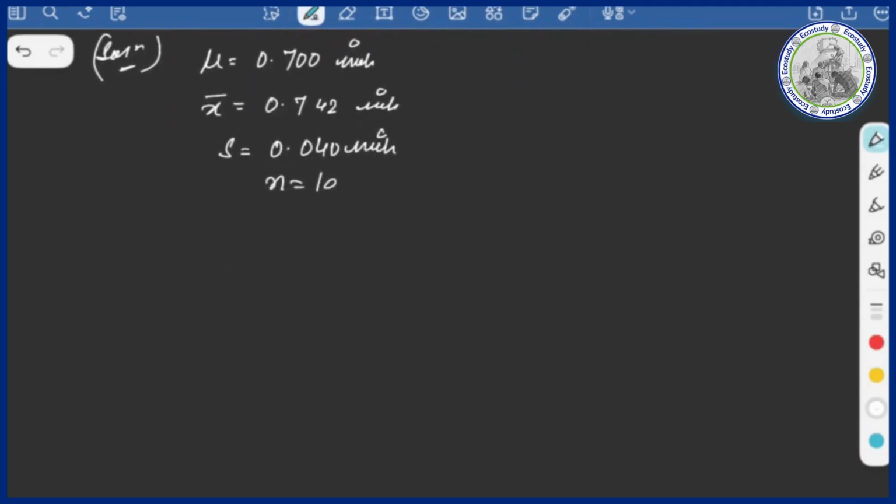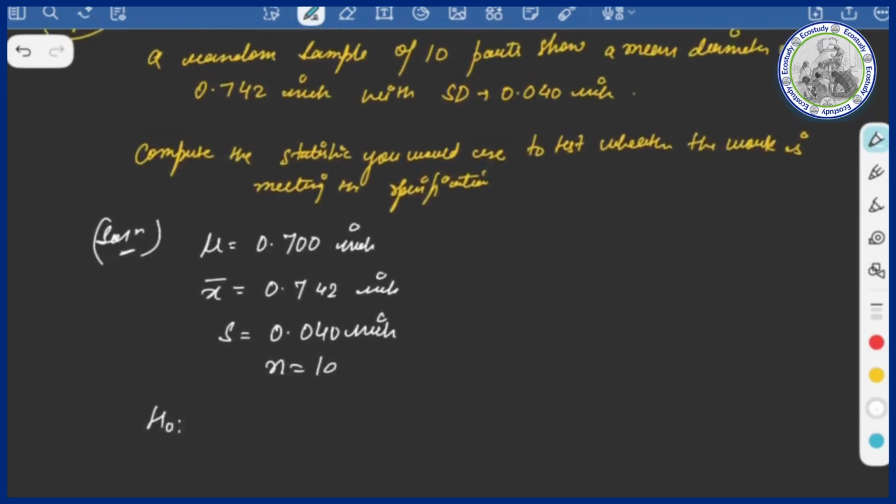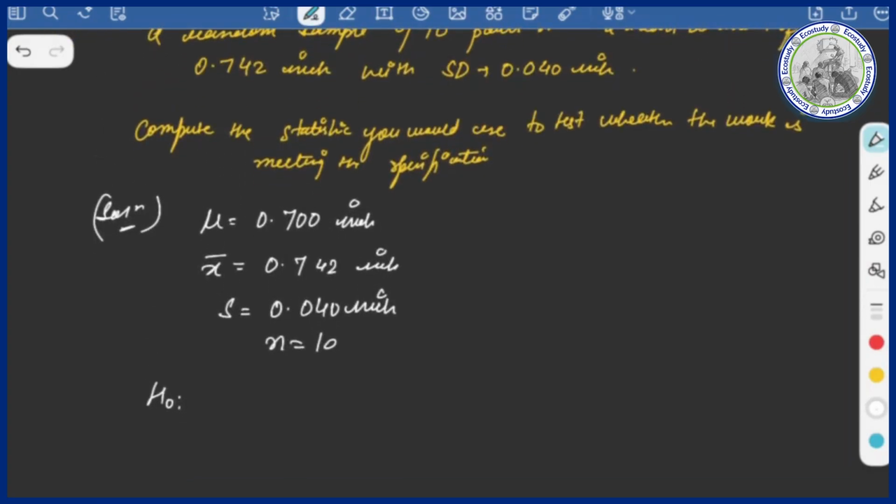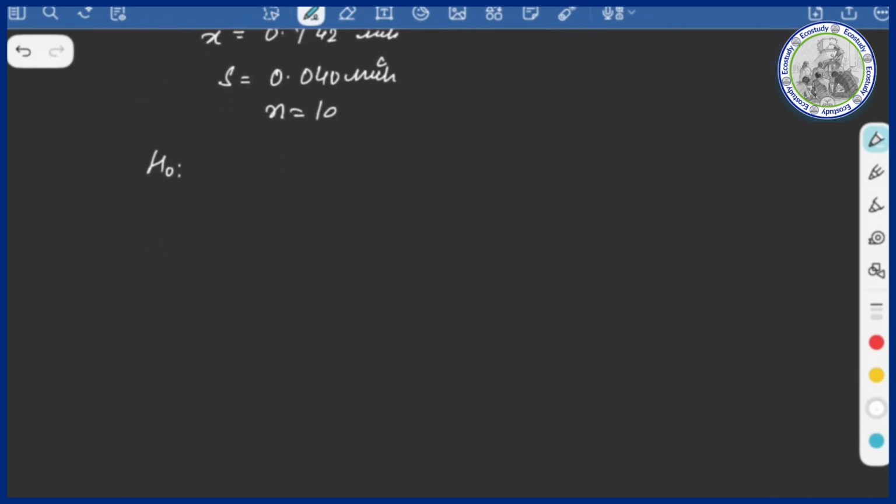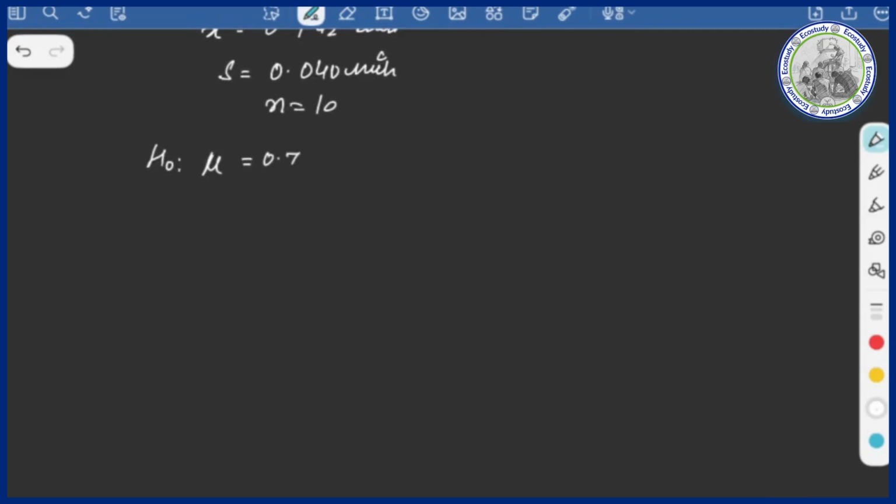So what is your null hypothesis here? Since you have to compute the statistic to test whether the work is meeting the specification, you compare mu equal to 0.700 against the alternate hypothesis, mu not equal to 0.700.